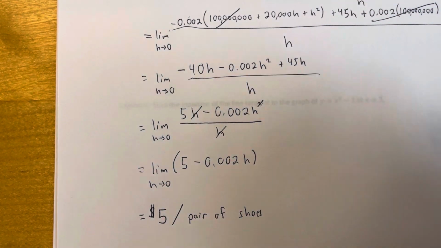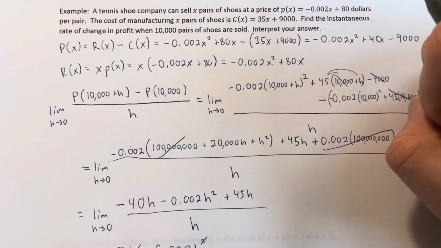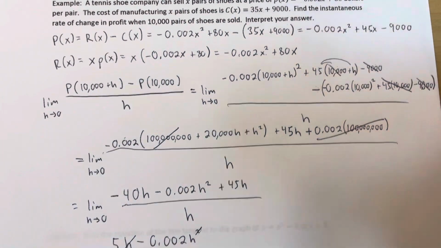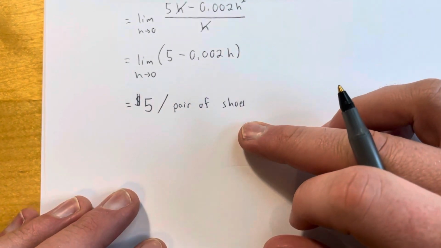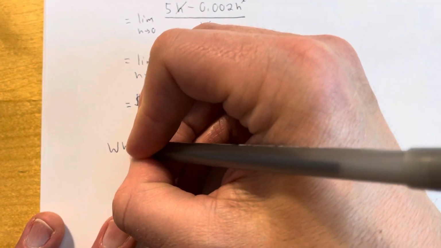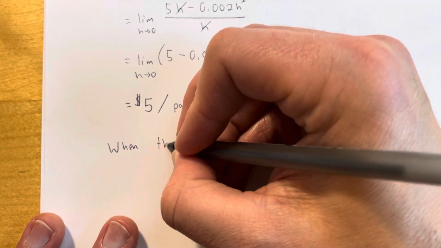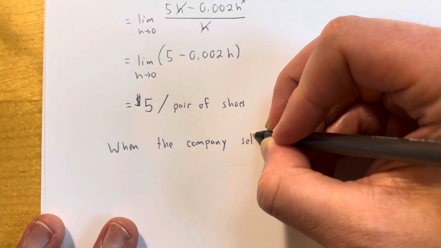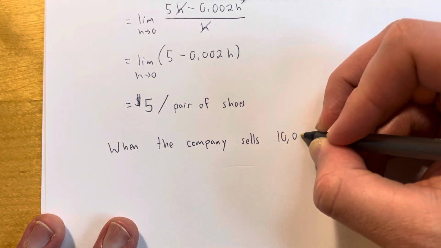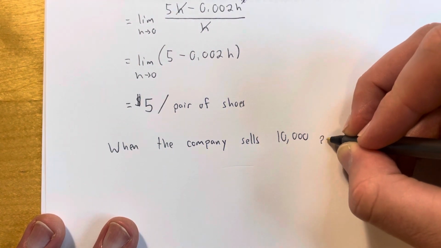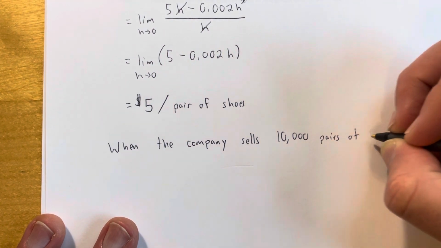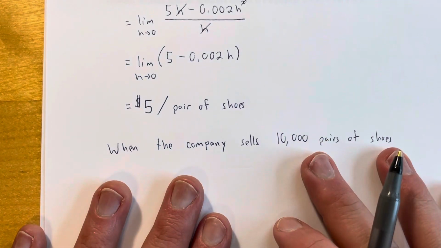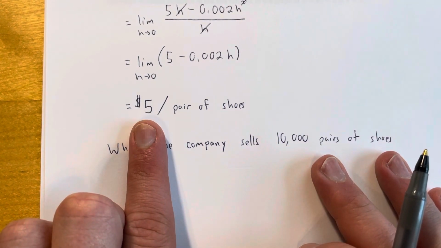Okay? It also says to interpret your answer. So putting everything into context now, we're going to write a little sentence that interprets this. So when the company sells 10,000 pairs of shoes, remember, we needed that 10,000 to come up with this.